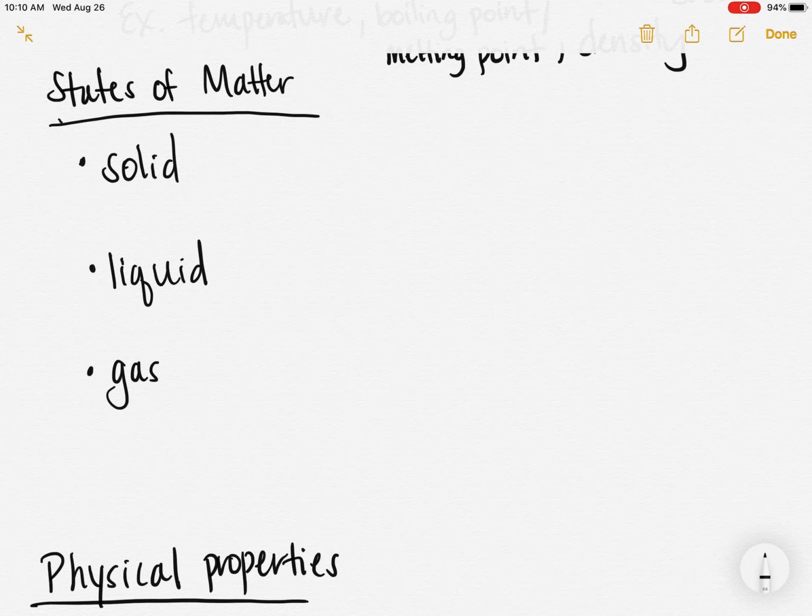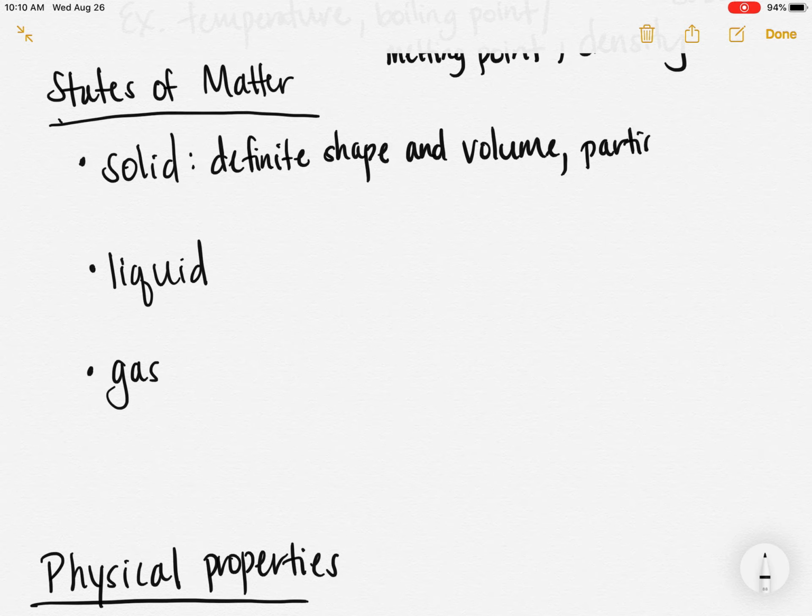This is something that you should have had for years and years in science class. So we're just going to move quickly through the three states. All right, so solids, they have a definite shape and a definite volume. Their particles are packed closely together.